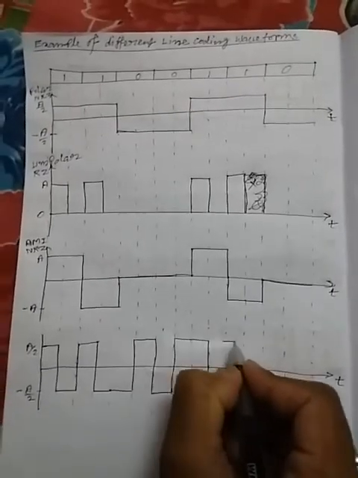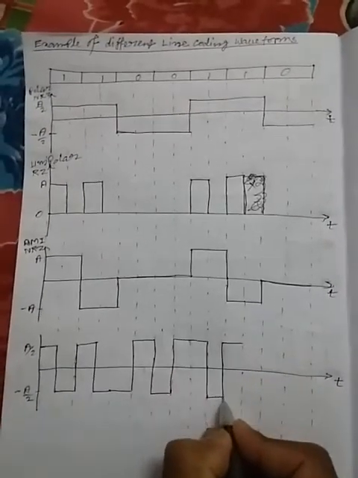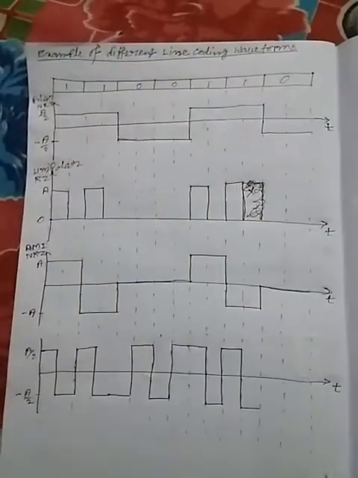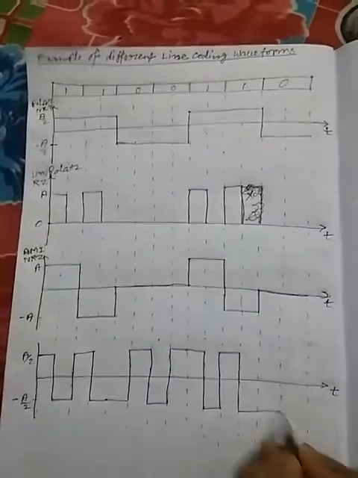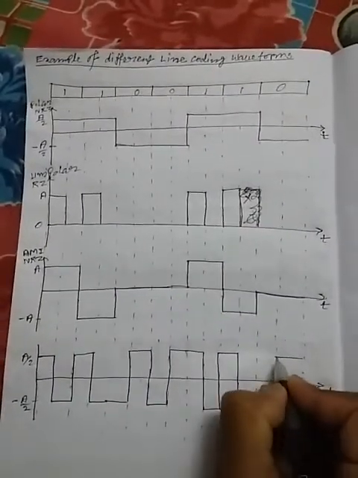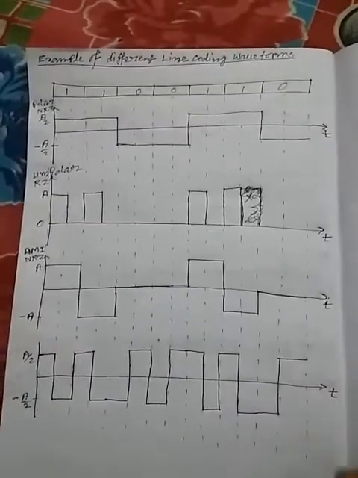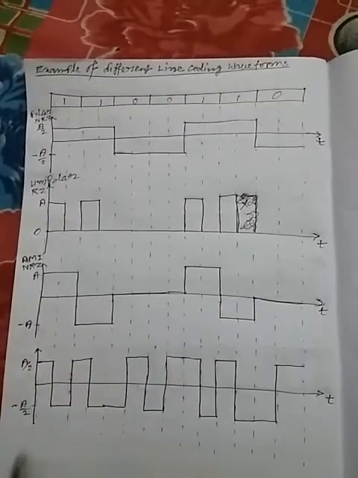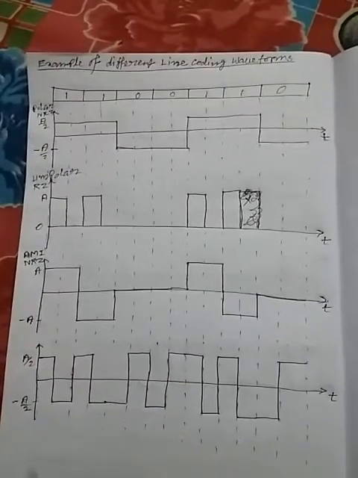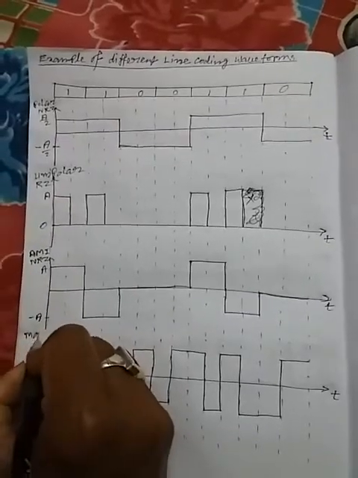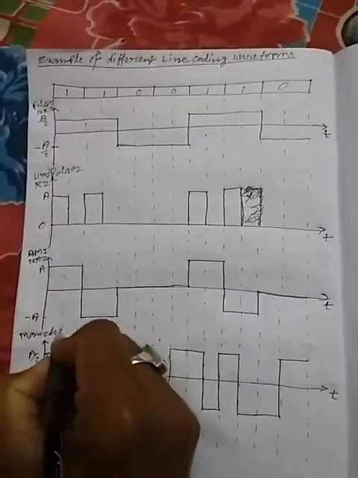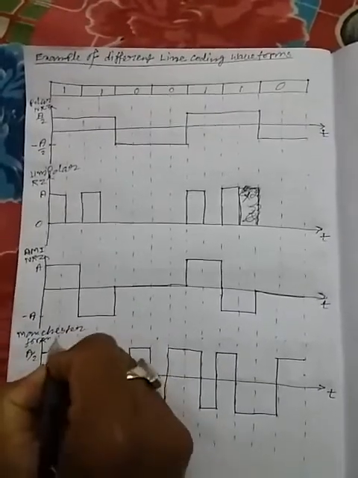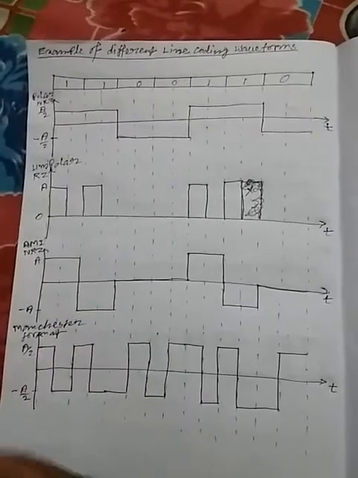Again there is a 1, so here will be positive A by 2 and negative A by 2. Now the next bit is 0, so it continues up to here and here will be the positive A by 2 amplitude, and here the amplitude is negative A by 2. This is the Manchester format. So you have to remember all these things.